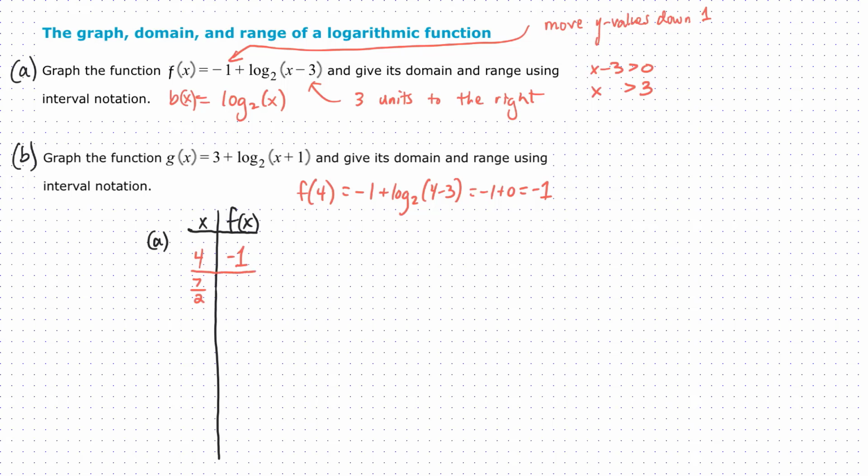So if you pick x to be 7/2, we get negative 1 plus log base 2 of 1/2. 1/2 is just 2 to the negative 1. And so that's just negative 1 minus 1, which equals negative 2. The cool thing about log properties is a lot of times you don't even need your calculator.